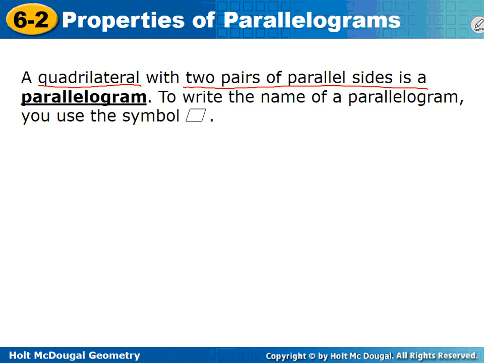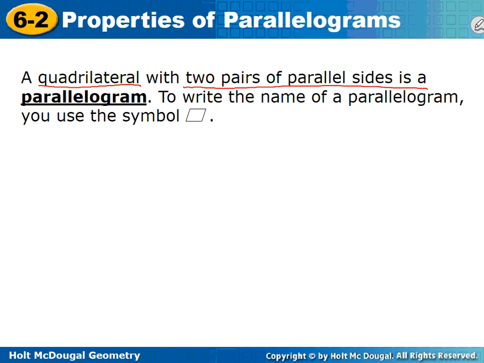They're going to be congruent. That's going to be another property. Let's add it. So another property is opposite sides are congruent. So not only are they going to be parallel to each other, but they're also going to be congruent to each other. So I'm putting little congruent marks there on opposite sides, a different number for each opposite side.